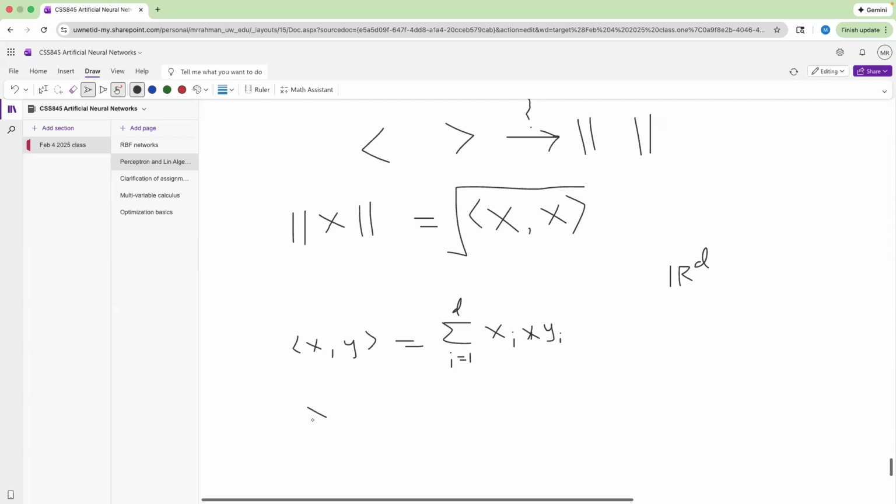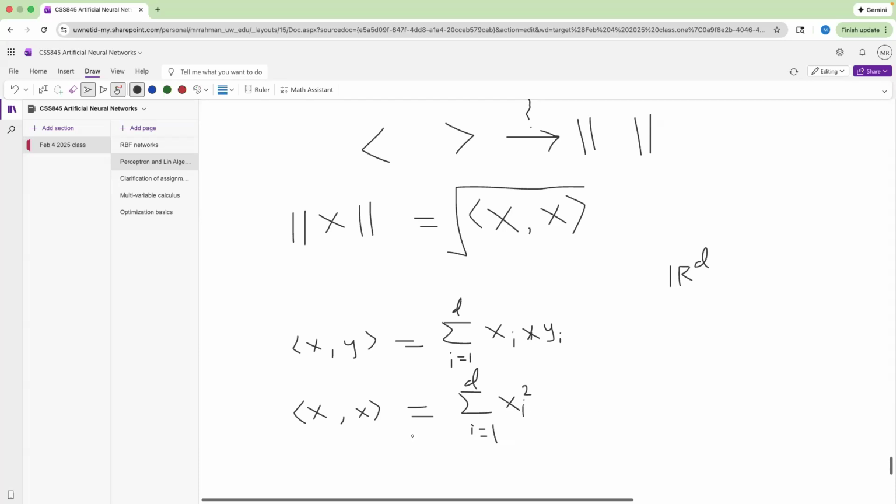And then if you do X with itself, what you get is basically the summation from i equal to 1 to D. If X and Y are the same, then this becomes Xi squared, right?